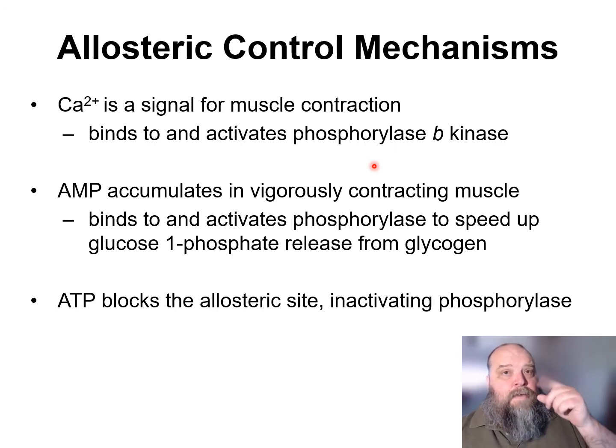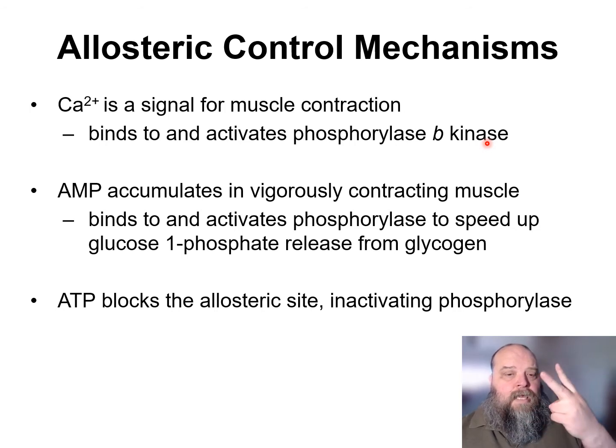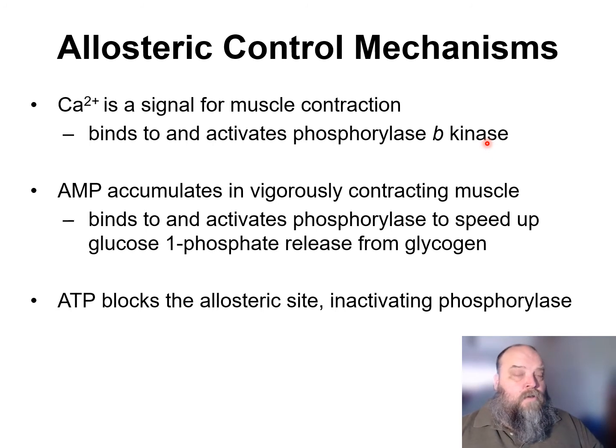So whether or not you have epinephrine or glucagon hitting in the muscle cell, that release, the flooding of the cytoplasm with calcium, which is going to trigger a muscle contraction, is also going to trigger the activation of phosphorylase B kinase, which means you'll get the shift from phosphorylase B form to the A form and cut, releasing sugars, glucose, G1Ps, for use by the muscle cell to generate more ATP.